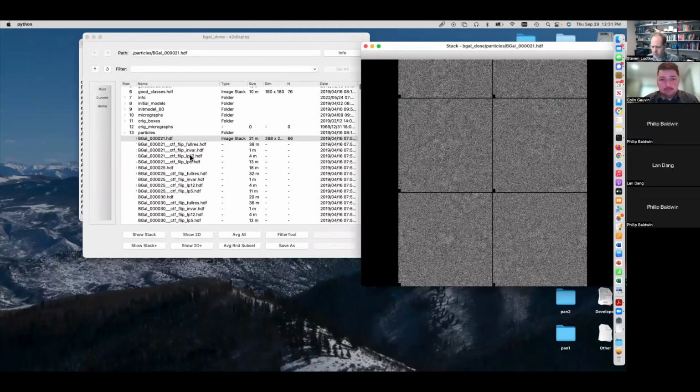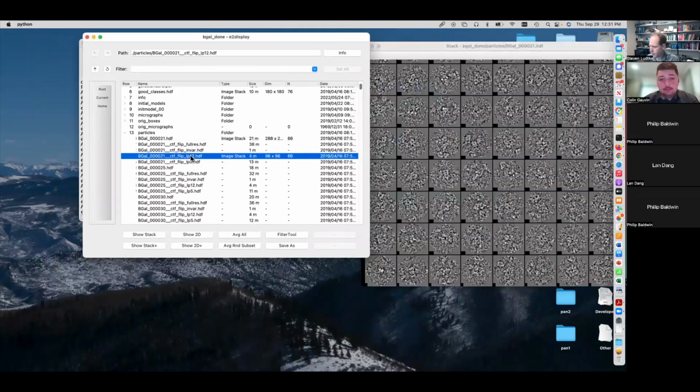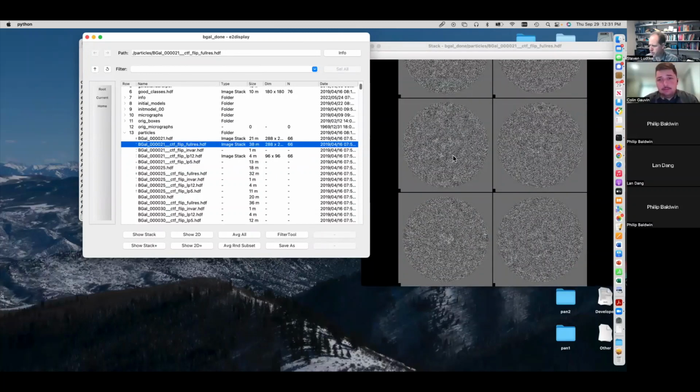Then you would have the downsampled low pass filtered version of the particles. And then you have the full res particles, which are the original particle stack, which has been phase flip corrected and circularly masked. So these particles have embedded CTF information.